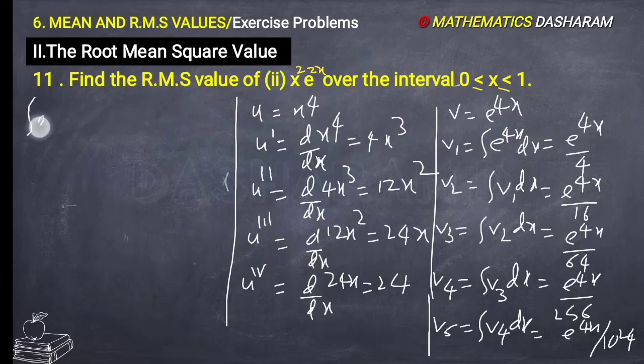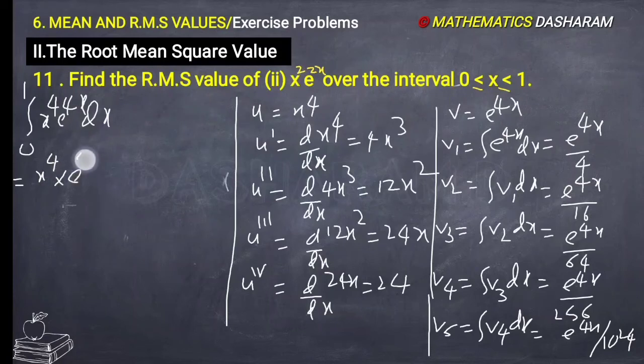So the integral of x to the power of 4 e to the power of 4x dx, and the limits are 0 to 1, is equals to u value x to the power of 4 into v1 value, that is e to the power of 4x divided by 4, minus u dash v2.